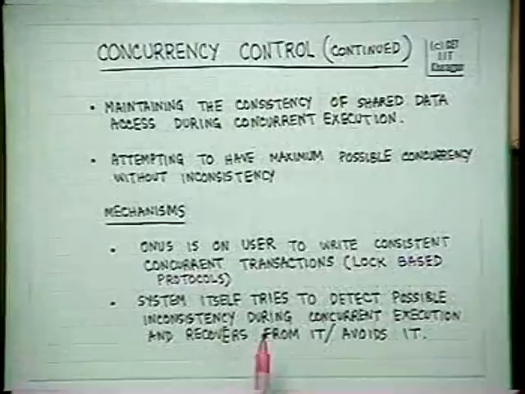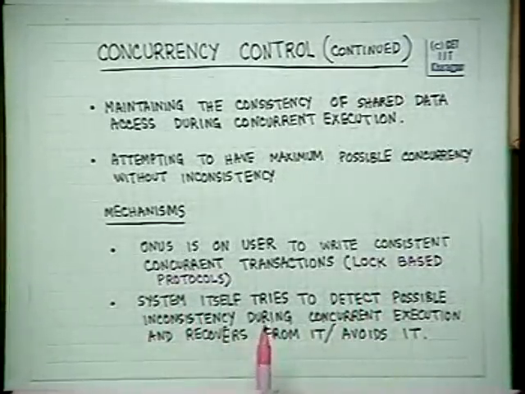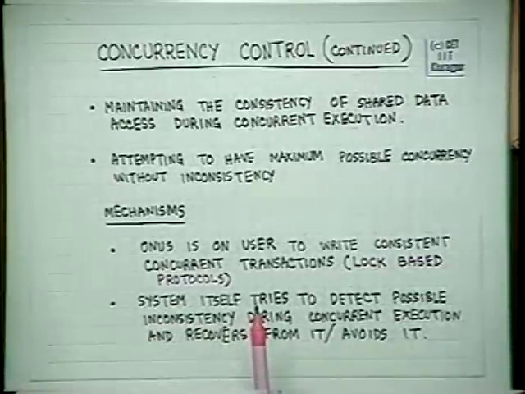And in conflict serializability, we saw that conflict serializability can be detected and tested very easily, whereas view serializability, though it encompasses cases of consistent behavior which a conflict serializable algorithm would detect as inconsistent, but still view serializability is often hard to detect. Among the lock based protocols also, we saw techniques which try to maintain conflict serializability.